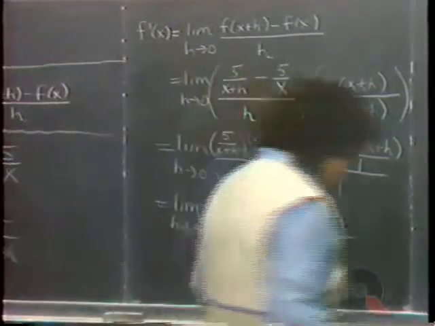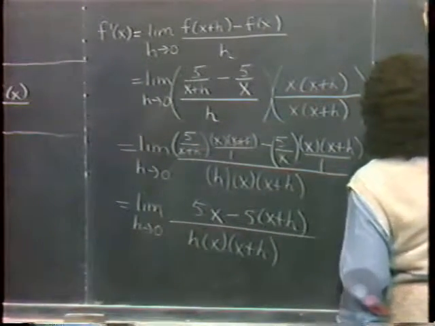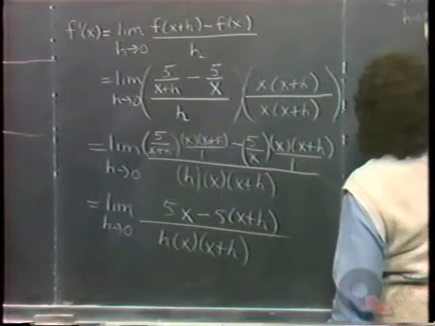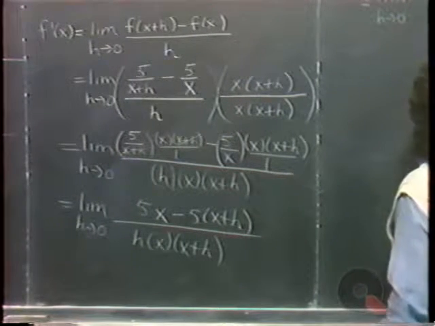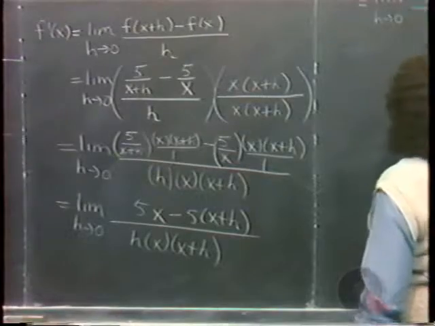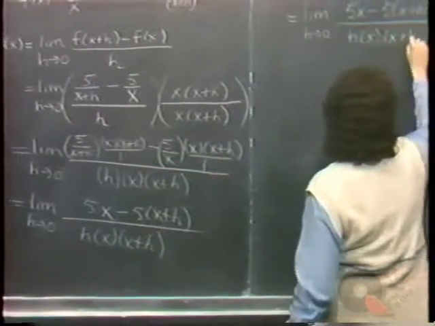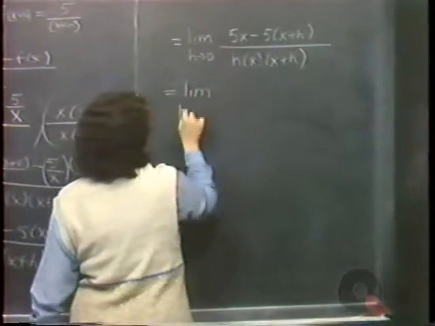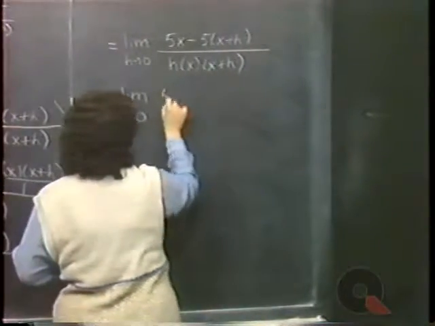Let's write that over here. We have the limit as h approaches 0 of 5x minus 5 times x plus h, all over h times x plus h. Now, let's simplify. In the numerator, we have 5x.